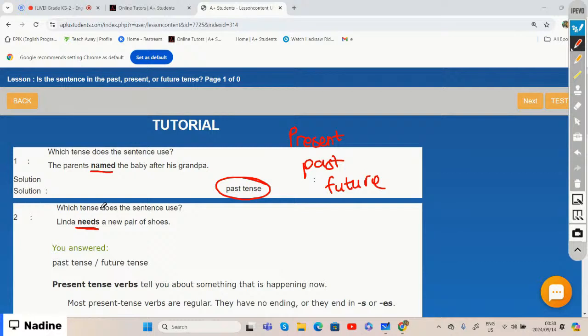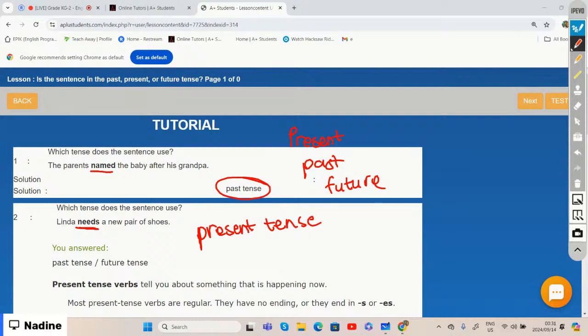Linda needs a new pair of shoes. And if we look at the word needs, remember we said with the present tense, we add an S. So this is the present tense, right?